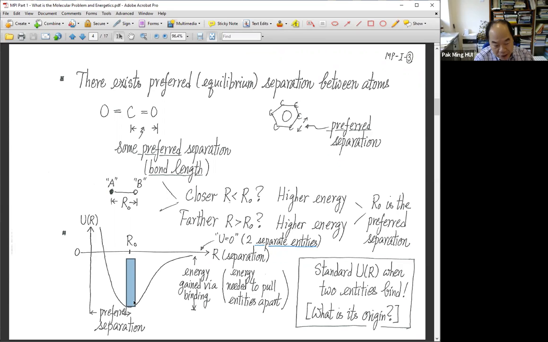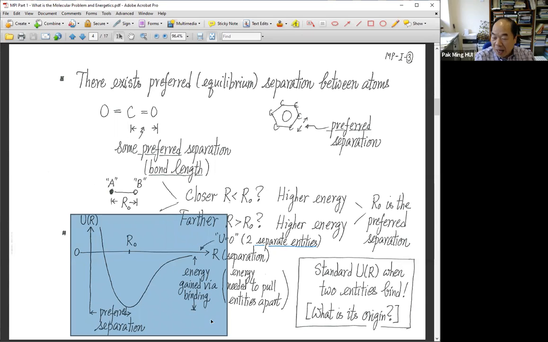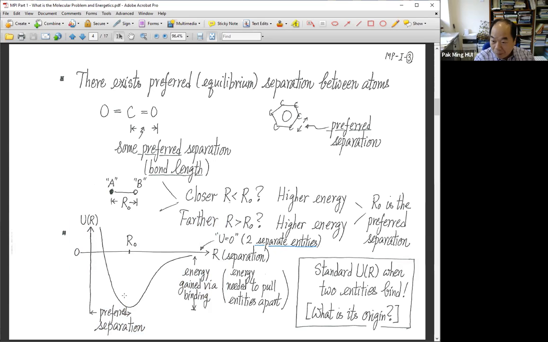Okay, so take home message. When you see something bind, say two things bind, this is something that you should think about. There is an energy function versus separation with a minimum, okay?